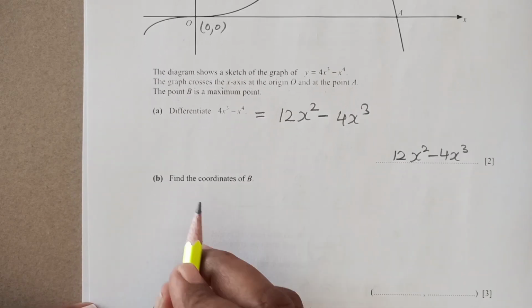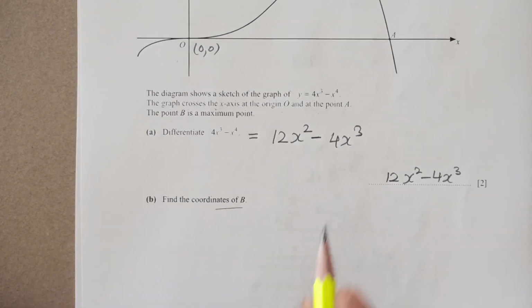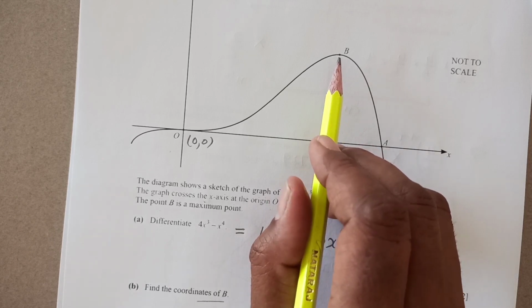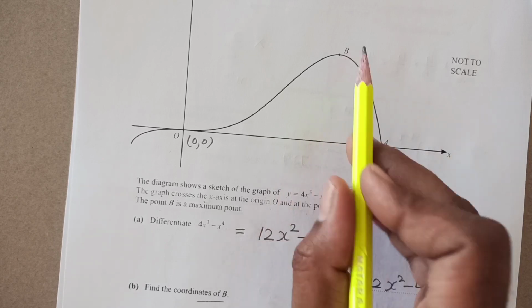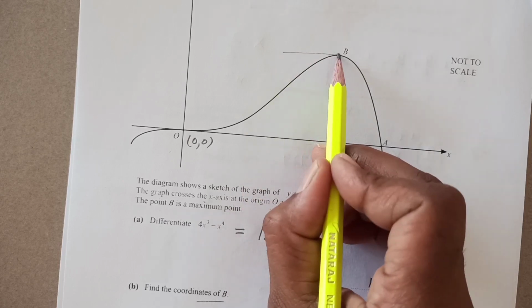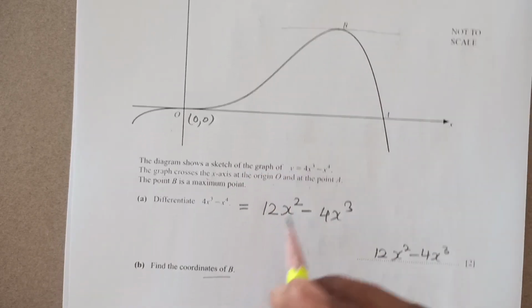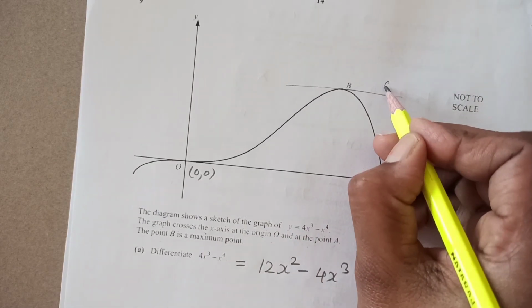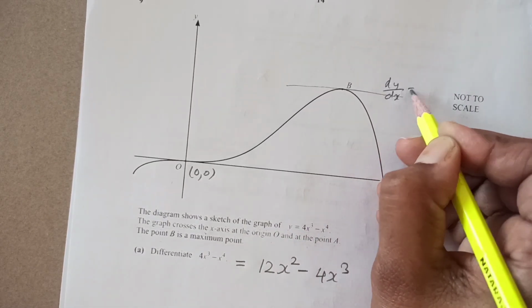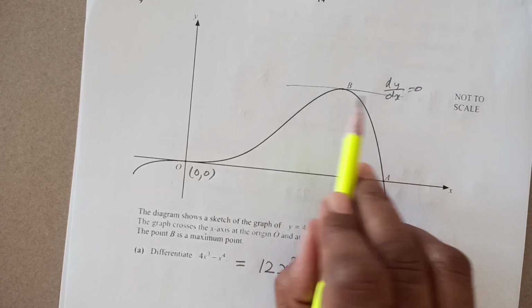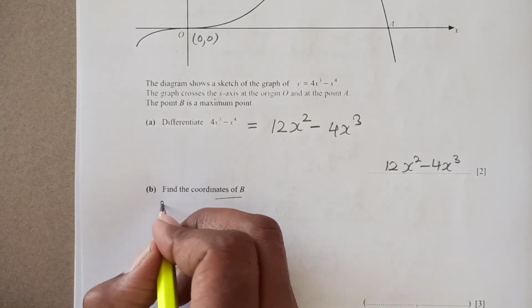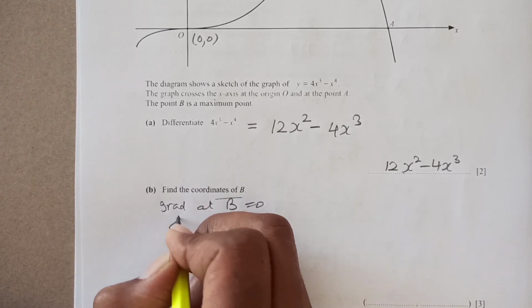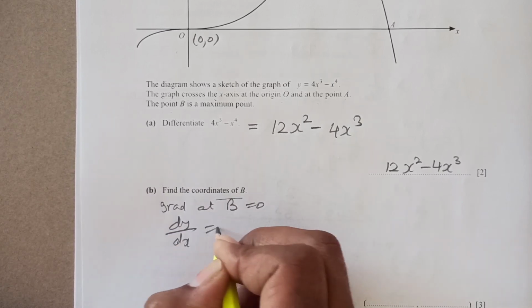Then find the coordinates of B. B is a maximum point, so we can draw a tangent here. At point B, dy over dx is going to be 0 because that is a stationary point. So the gradient at B is 0, meaning the derivative dy dx is 0.